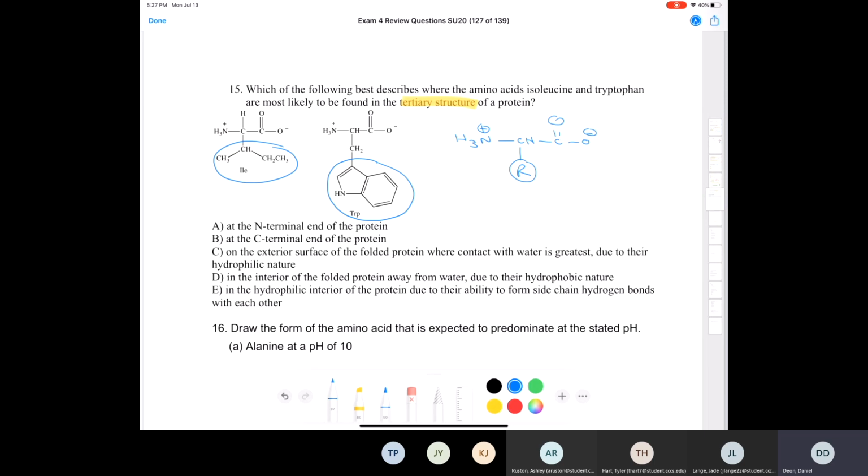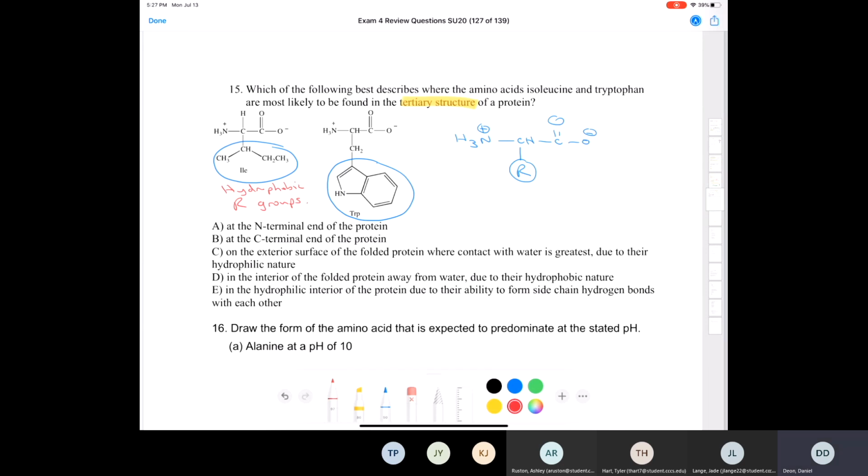Are these hydrophobic or hydrophilic? Not a trick question. Thank you, Tyler. These are both hydrophobic, right? Because this one's made completely out of carbon and hydrogen, and this one is mostly made out of carbon and hydrogen. Yes, you have this little nitrogen, hydrogen here, but the rest of it is all carbon atoms. And so these are hydrophobic R groups.